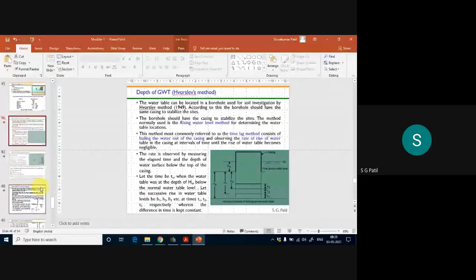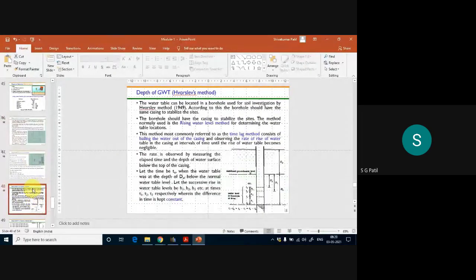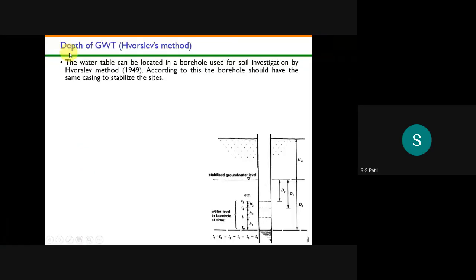Coming to the last concept of this topic, that is depth of groundwater table.